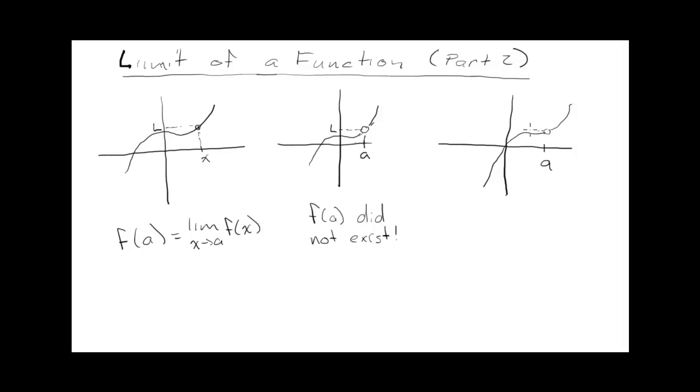And the limit would be here. But the function is defined differently at a. So f at a is up here. So f at a exists, but the limit as x goes to a of f at x does not equal f at a.